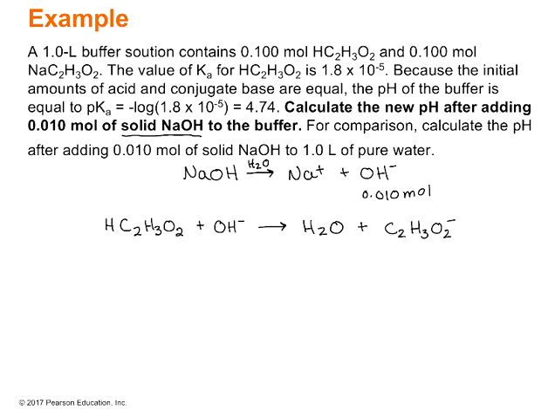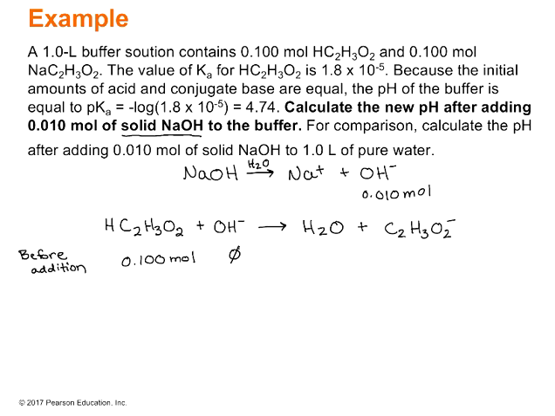All right, so instead of an ICE table here, we're actually going to write out a slightly different table. Before the addition of hydroxide, we had 0.1 moles of acetic acid.